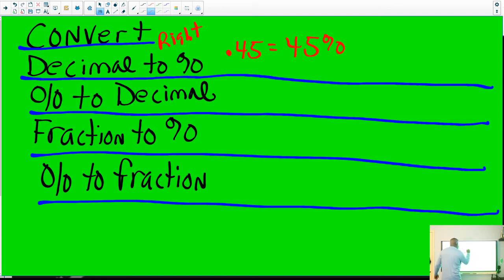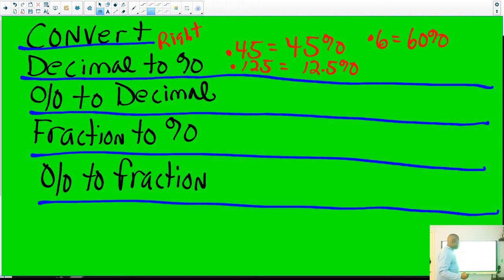Suppose you had 0.125. You get 12.5%. Let's say you've got 0.6. That'd be 60%.